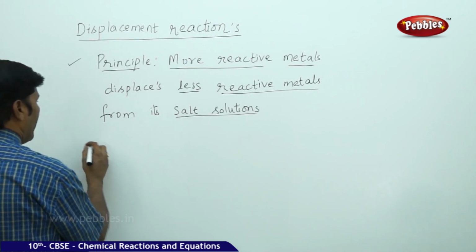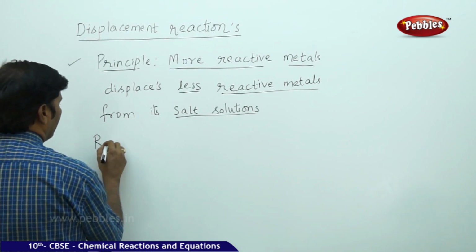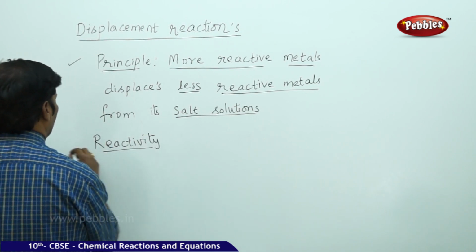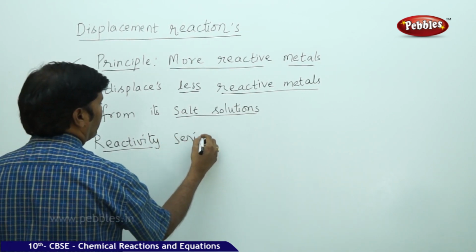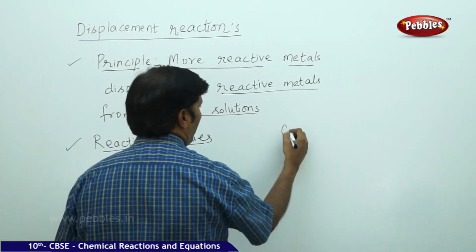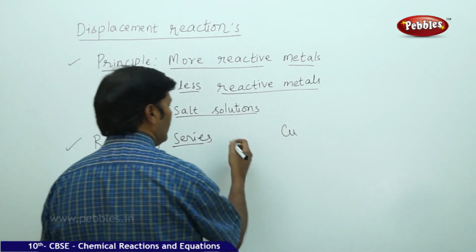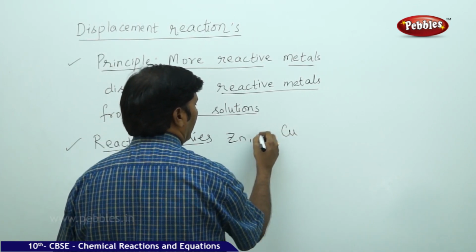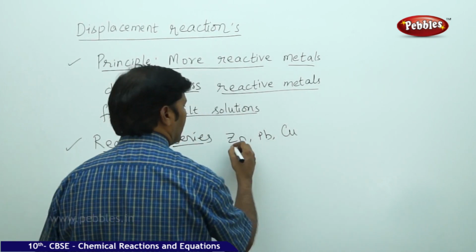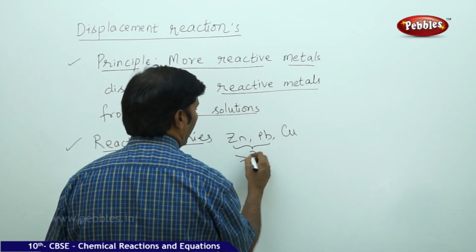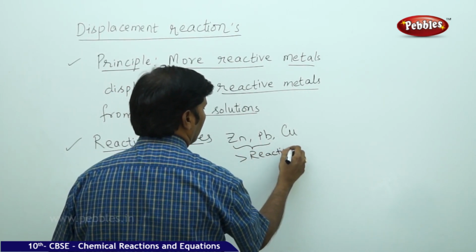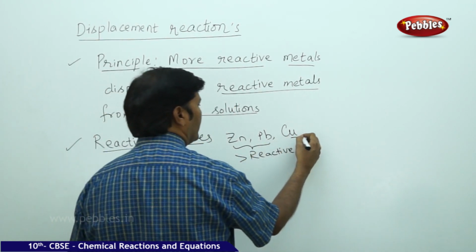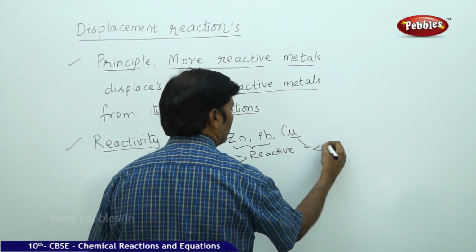So for example, if you take the reactivity series of metals, and take copper, zinc and lead, we can see that zinc and lead are more reactive, and copper is less reactive.